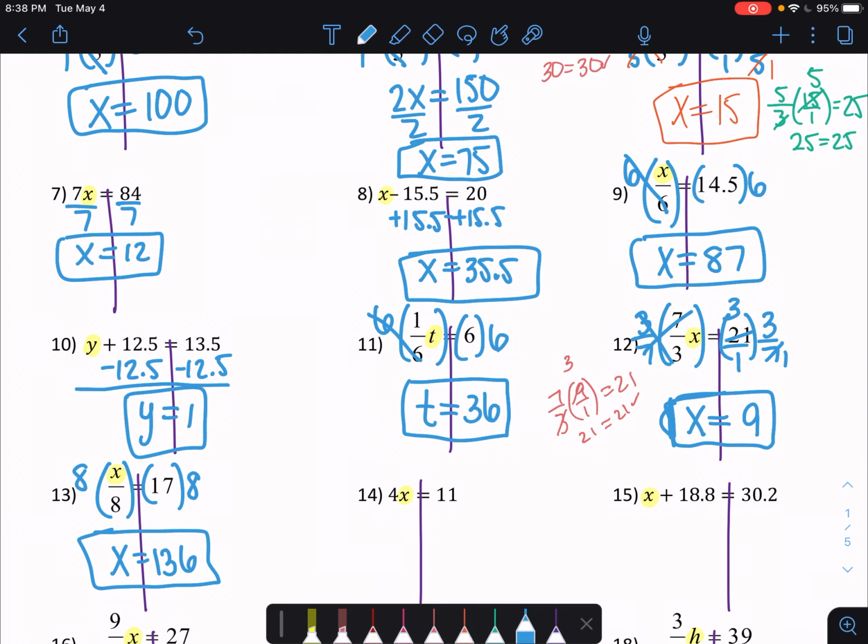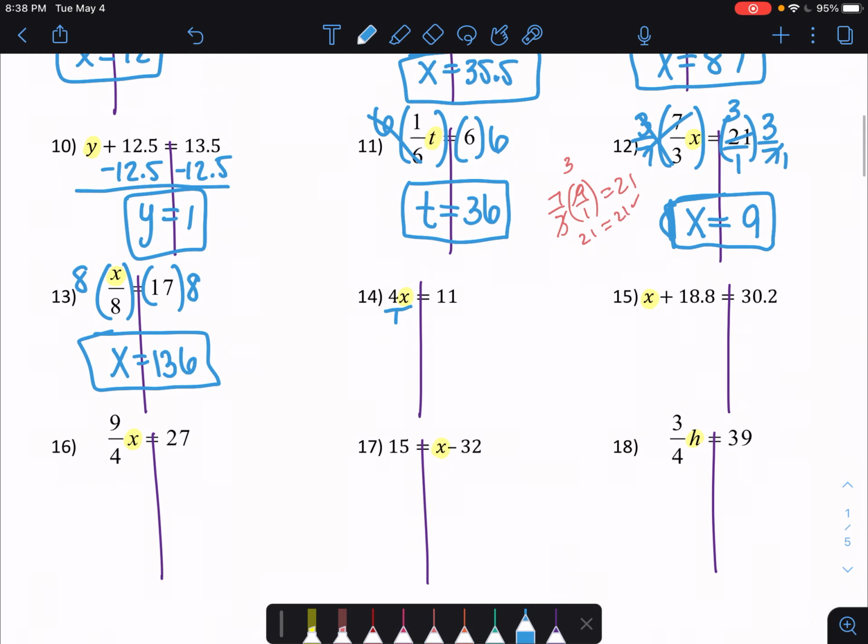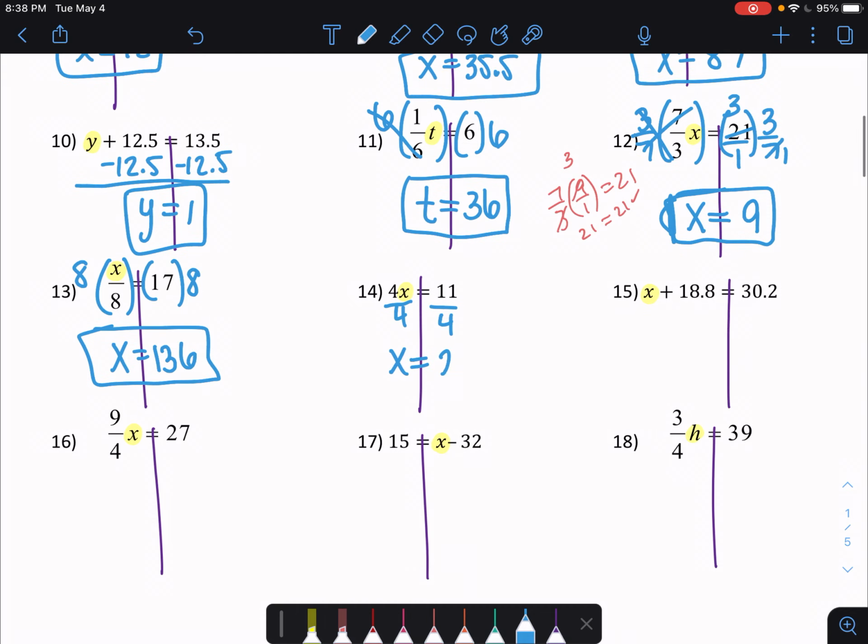In number 14, I'm going to divide by 4 on both sides. And I get x equals 2.75. Remember, it is okay to use a calculator to get that decimal answer.